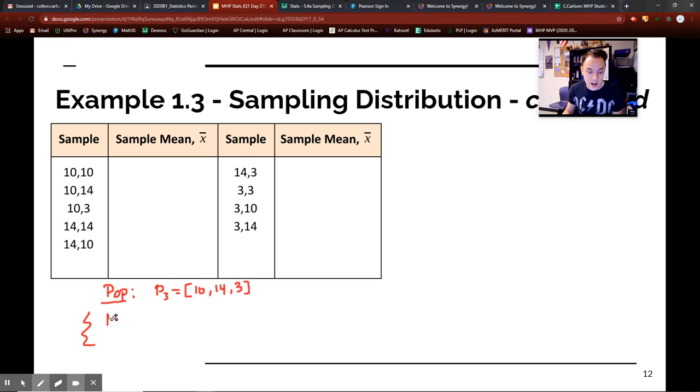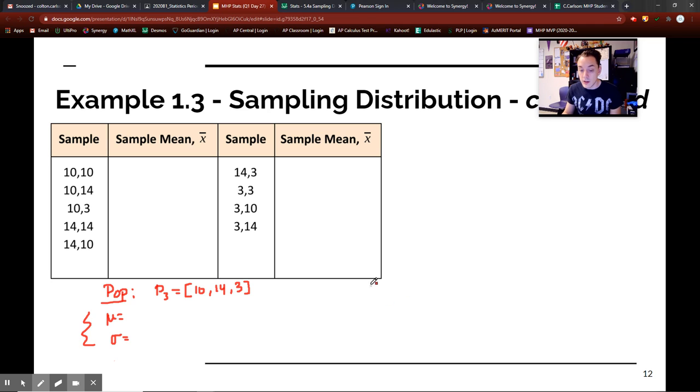Now I want to find what mu is and then what that is. Now we can find what my variance is, but we don't need to. Okay, in fact, since we don't need to find my variance, I'm not going to find it. I just want to find my standard deviation and my mean.